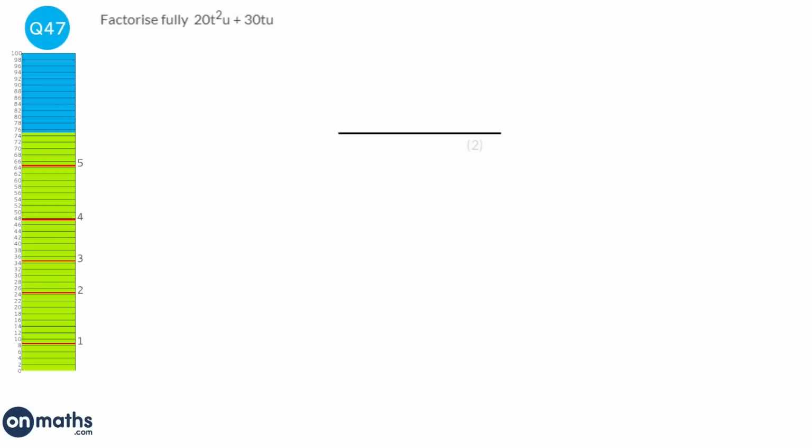So factorise means to put it into a bracket, and it looks like it's a quadratic here, but it's actually just a linear factorising because we don't have a number term. So we're going to just use one bracket for this, and looking at these terms, I'm going to focus first on the numbers. So 20 and 30, I can divide both of those by 10, and that will leave 2 and 3.